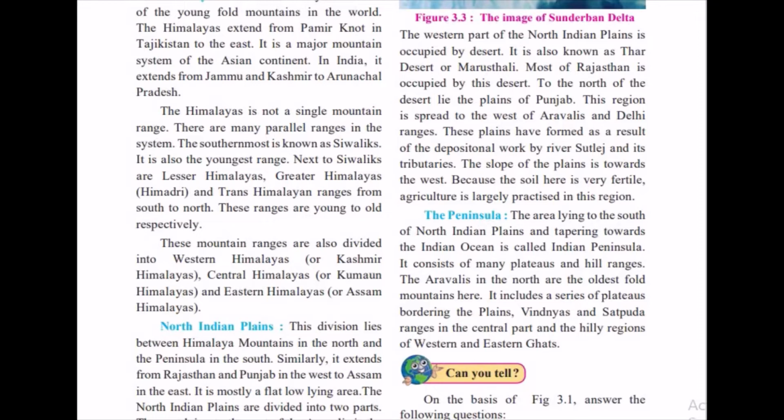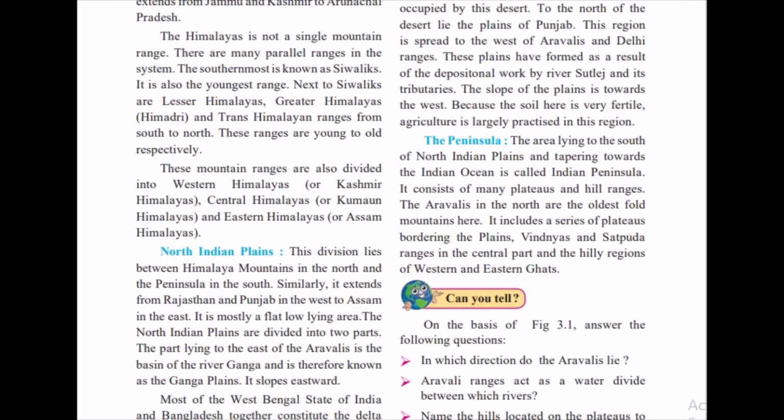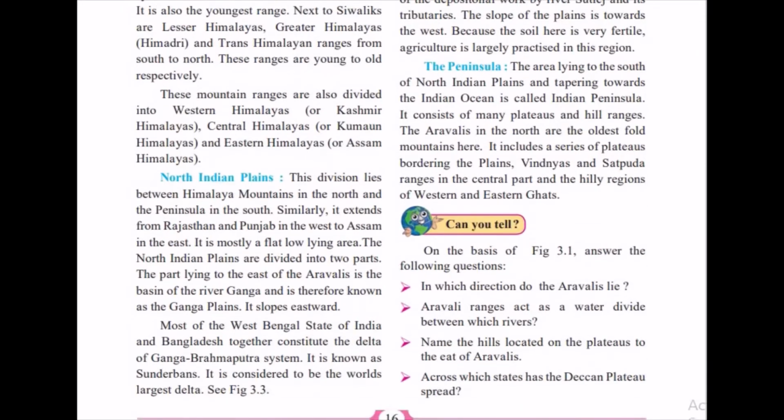The mountain ranges are also divided into Western Himalayas or Kashmir Himalayas, Central Himalaya or Kumaon Himalaya, and Eastern Himalayas or Assam Himalayas.